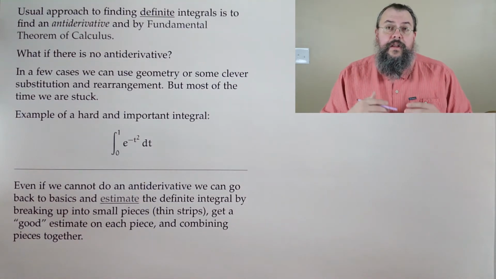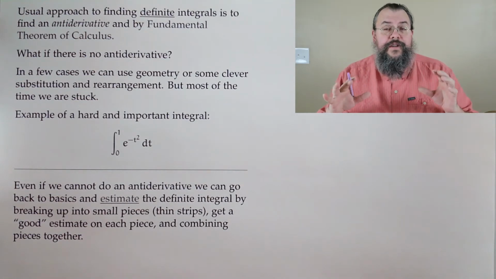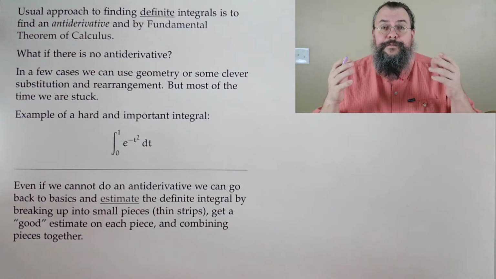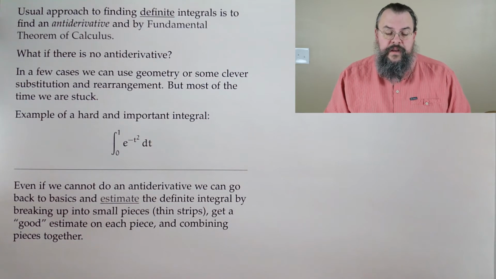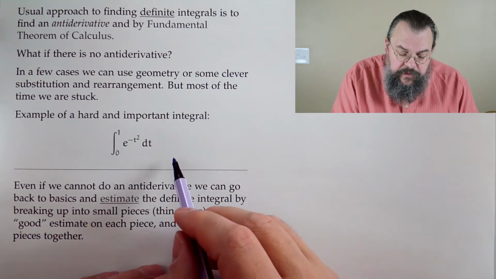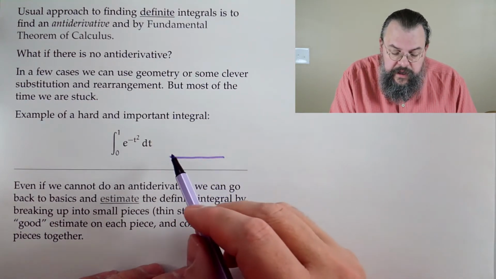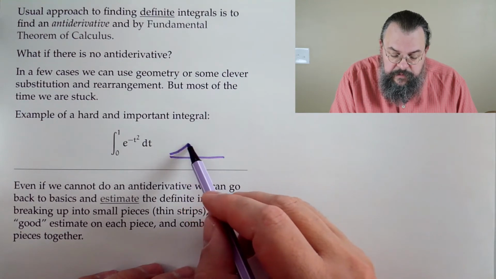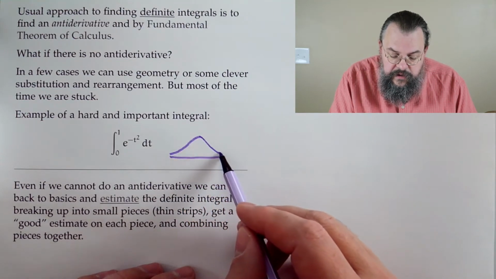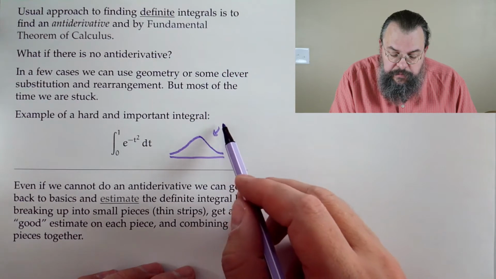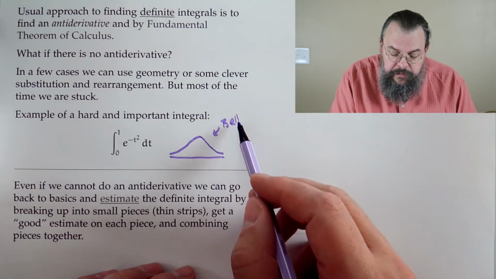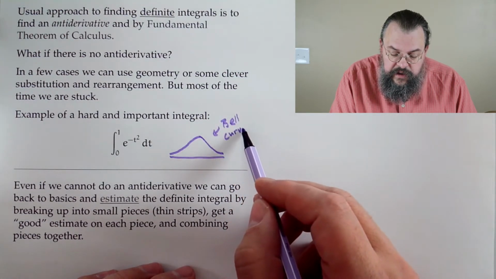In fact, the further you go, you say, this is not just a reasonable function, it's an important function. If you look at the graph of e to the minus t squared, it has a nice shape. It looks something like this. This is sometimes called the bell curve, and it plays a big role in statistics.